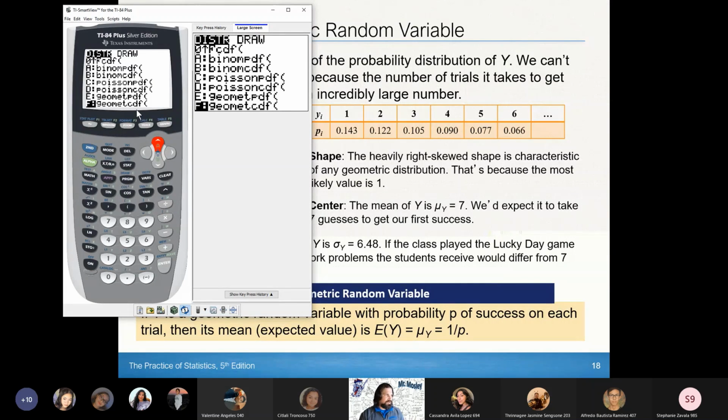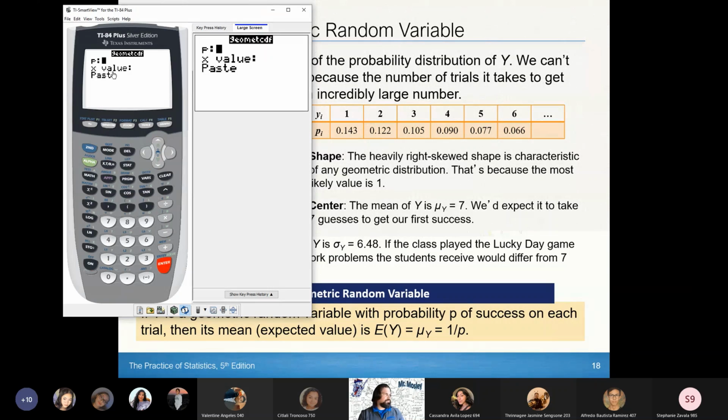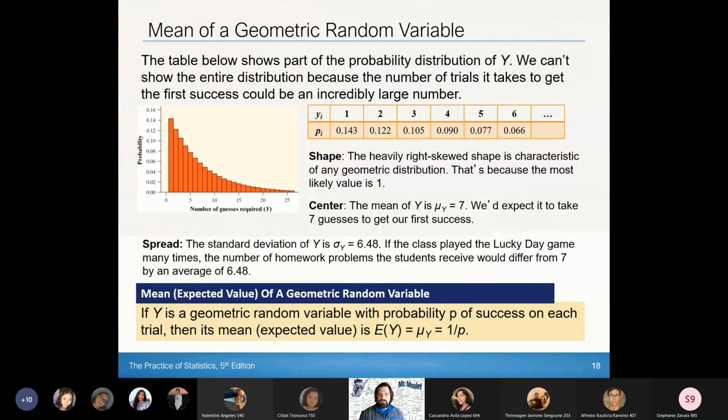Geometric CDF is the probability of X being less than or equal to a certain number of trials. And it takes the arguments of probability and the number of trials you're curious about, or the k value. I'm going to show you guys that.